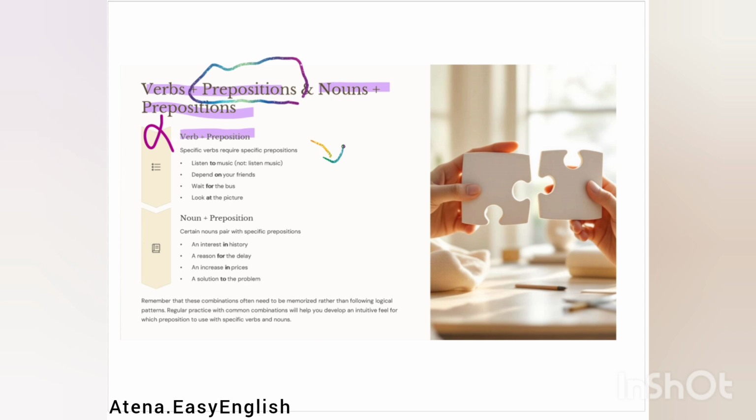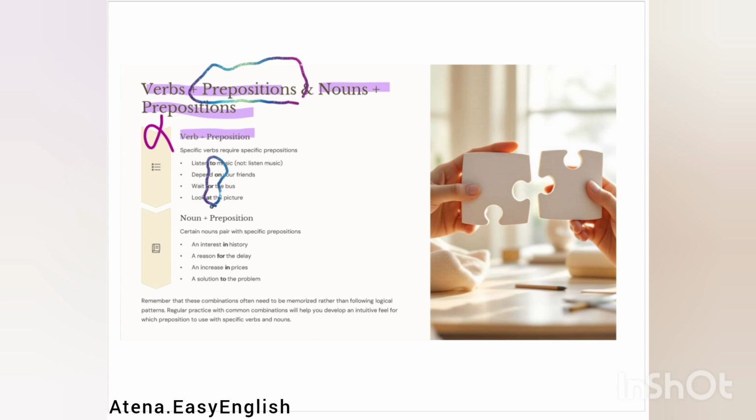Look at the examples: listen to music, depend on your friends, wait for the bus, look at the picture. So what you can see here is some verbs with their specific prepositions. We also call them collocations in English.